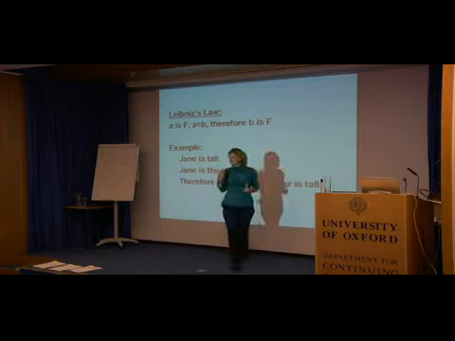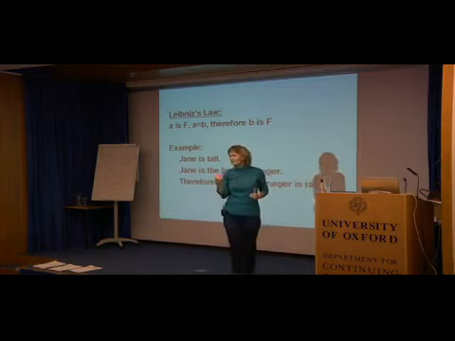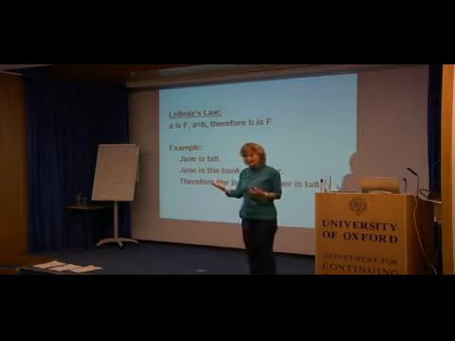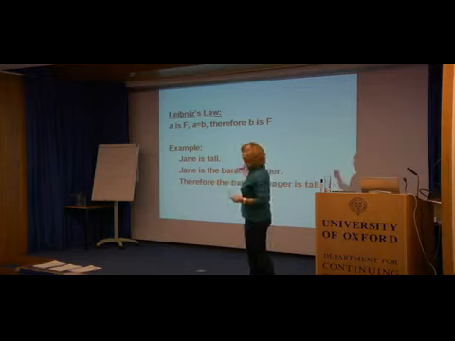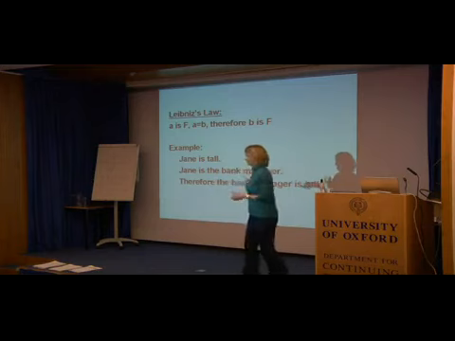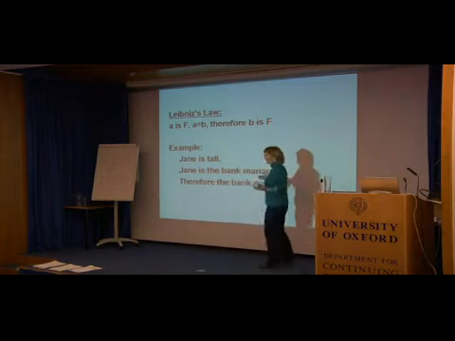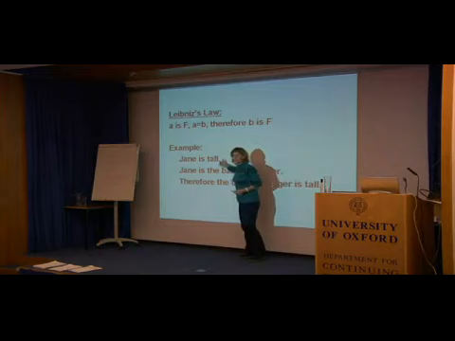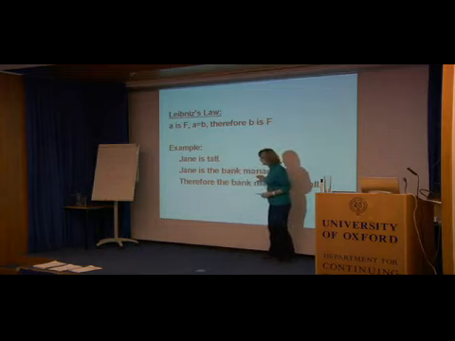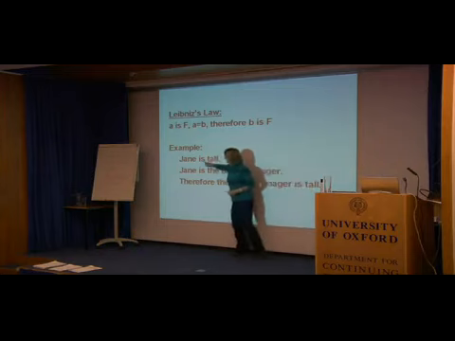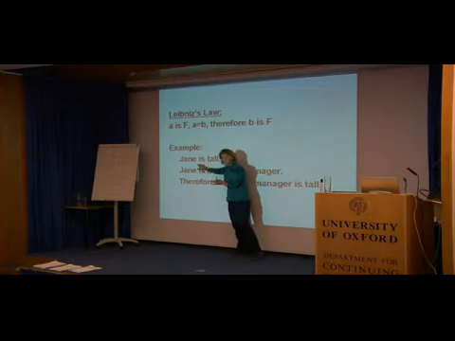Do you see how that has to be true? It's a law of logic, this one, isn't it? This is Leibniz's law. If A is F, if Marianne is tall, oh, I'm just giving you the same example, so let me give it to you. If Jane is tall, and Jane is the bank manager, here's an is of predication, so we're predicating tallness of Jane.